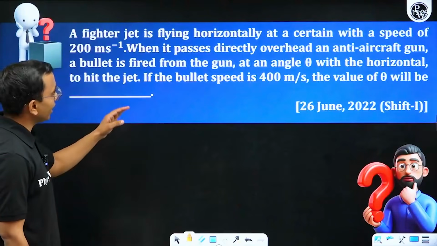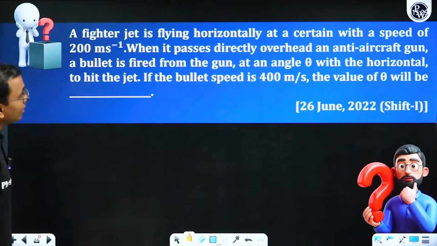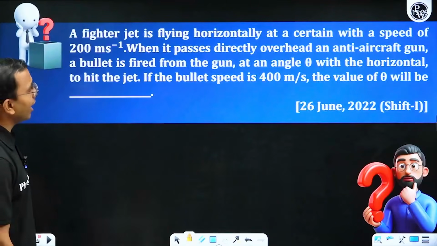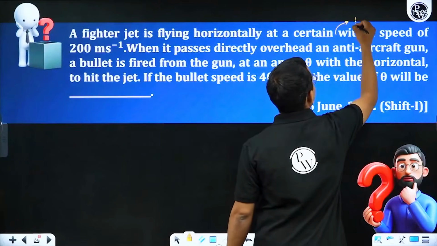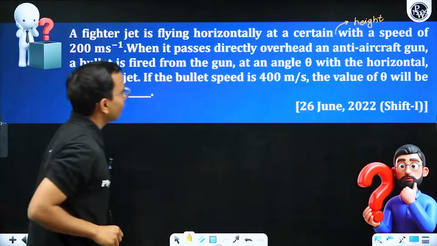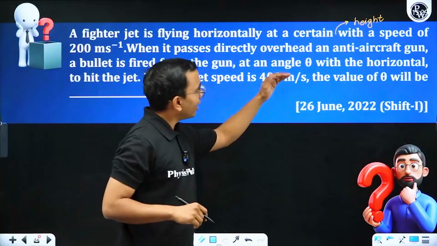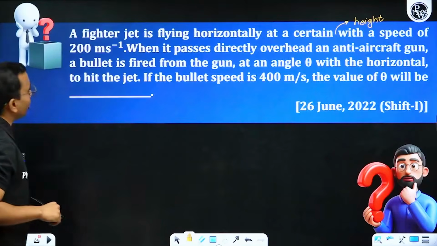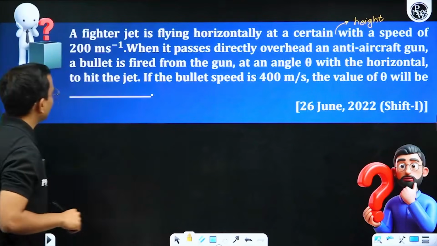A fighter jet is flying horizontally at a certain height with a speed of 200 meter per second. When it passes directly overhead an anti-aircraft gun, a bullet is fired from the gun at an angle theta with the horizontal to hit the jet.